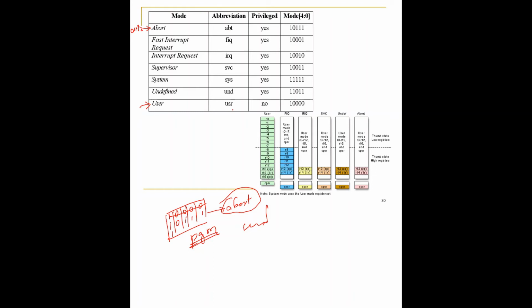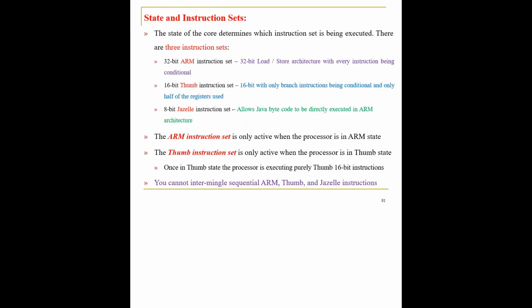Regarding the modes, states and instruction set. State is all about a program getting executed. You have your CPSR, and there is a flag field, a status field, an execution field, and a mode field.